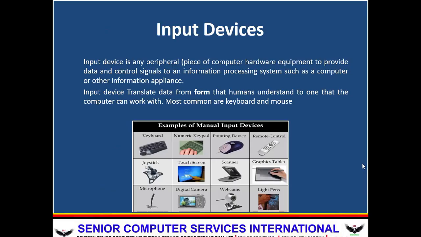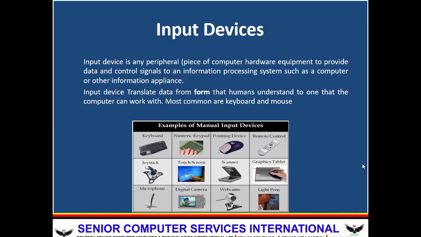So input devices translate data from the human understandable form to one that a computer can work with. For a computer to know that you need it to print, it has to get that instruction that commands it to print, and that instruction can only be given through an input device, like using a keyboard.